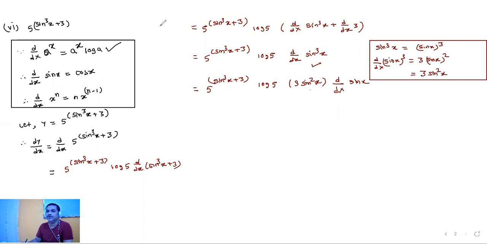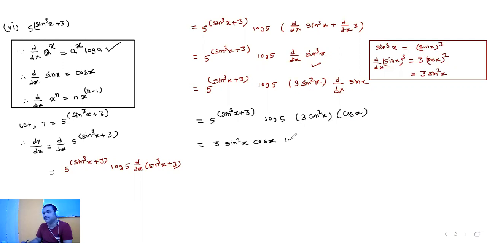Now let's move ahead with the further aspect of the term 5 raised to sine cube of x plus 3, log of 5. This is 3 sine square x, and the derivative of sine x is cos of x. So this will become 3 sine square x cos of x, then log of 5, and then ultimately 5 raised to sine cube of x plus 3.